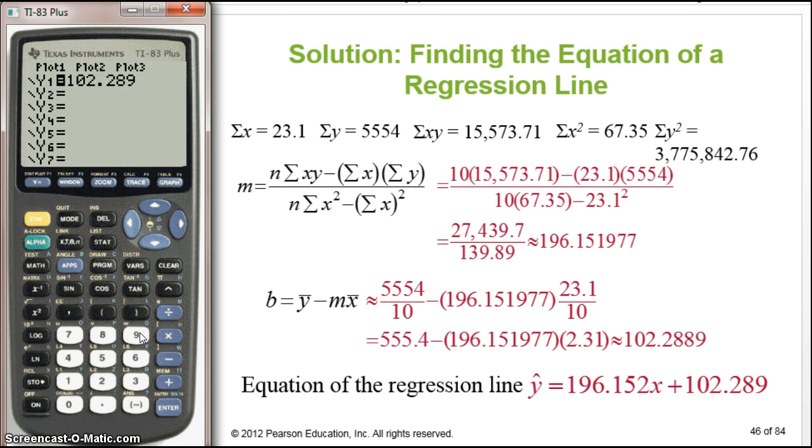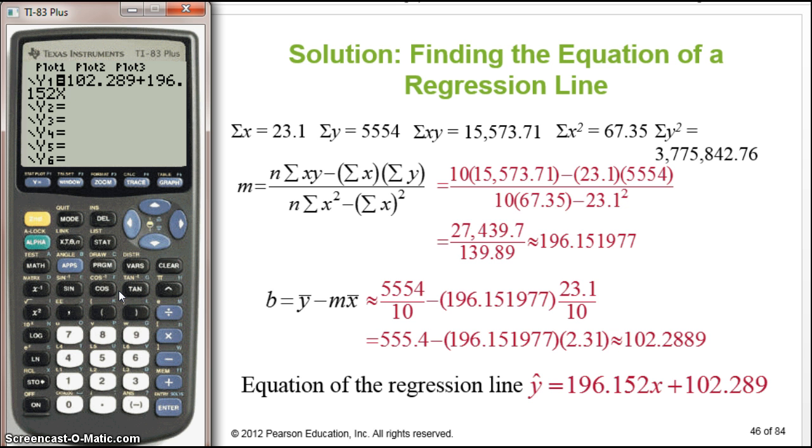They gave you the y-intercept first, plus 196.152, and then x is right here above the blue apps key. Okay. So once you've typed that equation in, it'll draw that line for you. And you don't necessarily need to see that line, but you could if you wanted to.